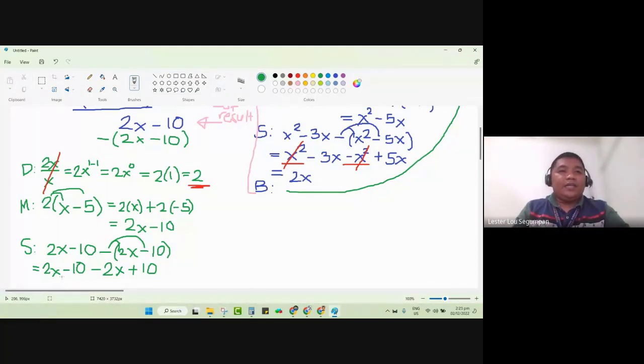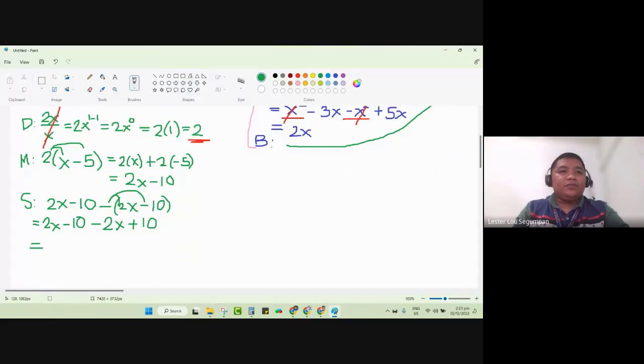To finalize this, you just need to get the result. 2x minus 2x is 0x. That will be removed. And negative 10 plus 10 will also result to 0. In short, the final answer will have 0 here for the final subtraction.